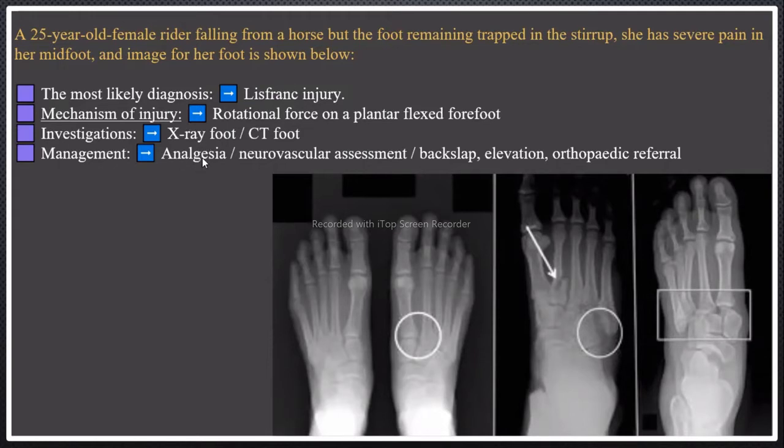Analgesia, neurovascular assessment, back slab, elevation, orthopedic repair. So any fracture, any dislocation, you will say analgesia, neurovascular assessment, back slab, elevation, orthopedic repair. If the patient needs reduction, you will add reduction.